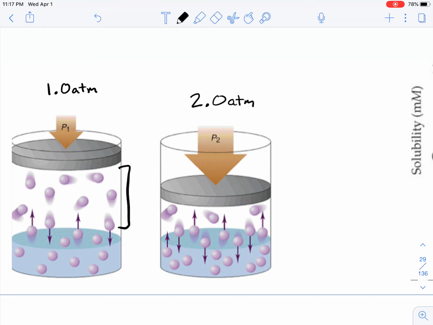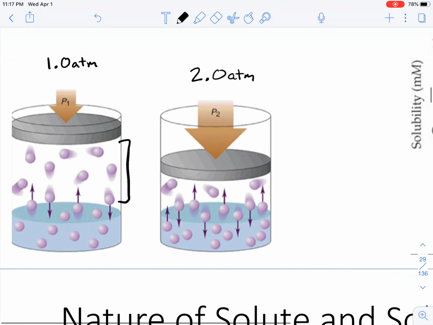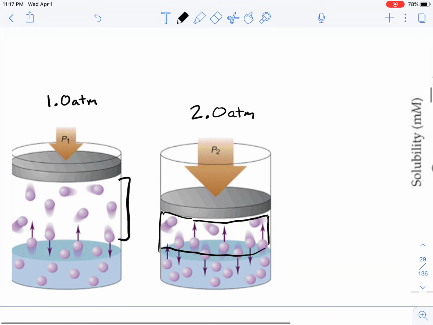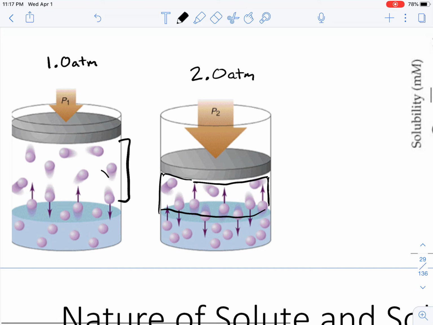If we're increasing the pressure, notice that these molecules, they have less volume to occupy. And so what's going to happen is that a small fraction of the molecules that were gaseous in phase, when you increase the pressure, you're going to force it to be dissolved in the solution.